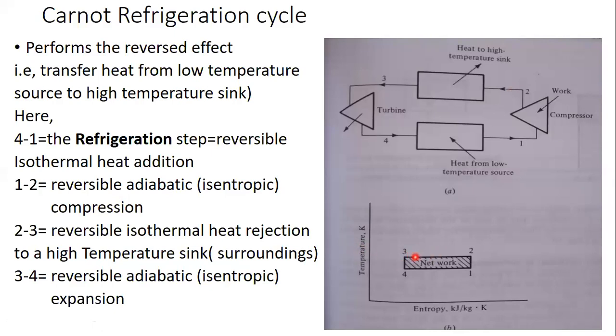The temperature here, T2 and T3 are same, so we are assuming it as T2. So T2 times the entropy change happening here. The working fluid is moving from 2 to 3, so S3 minus S2.